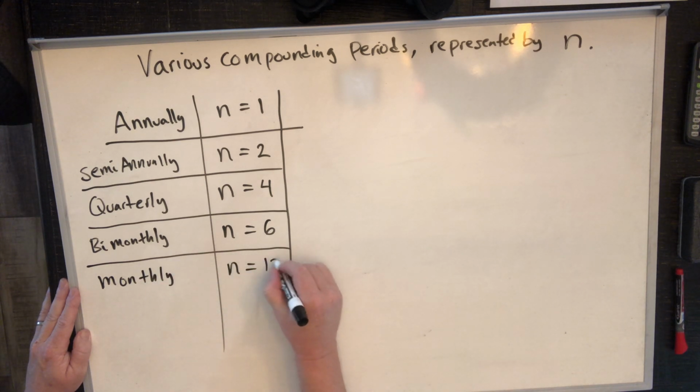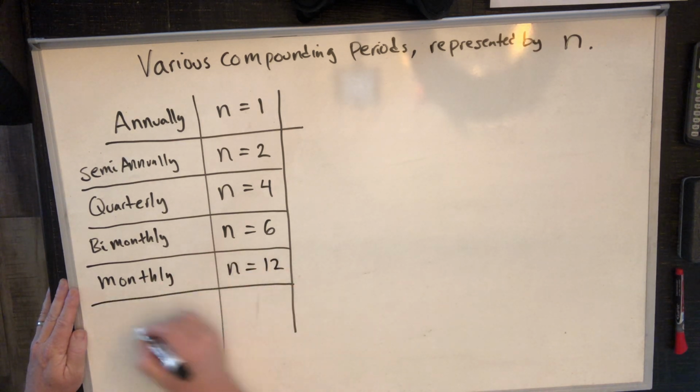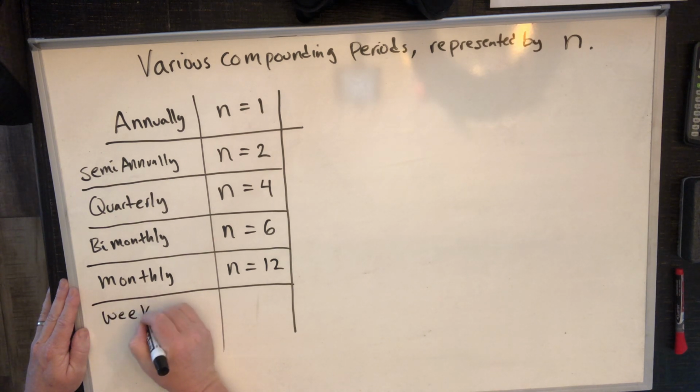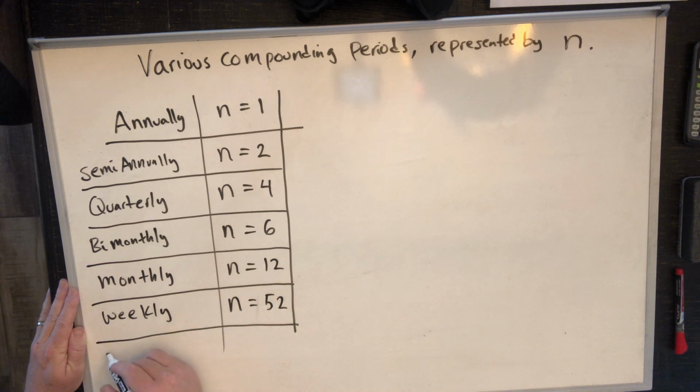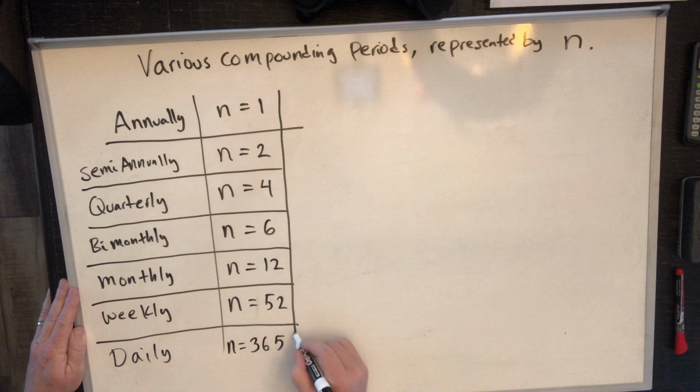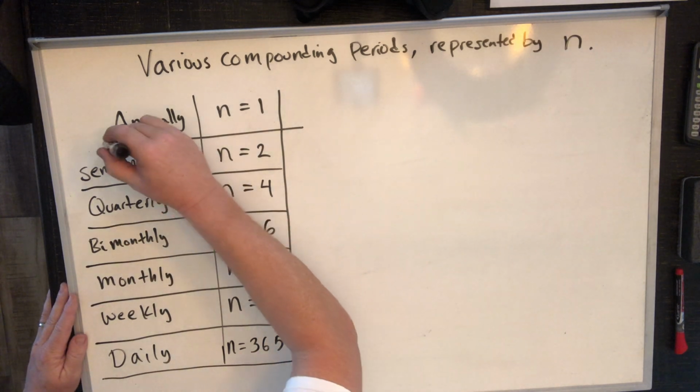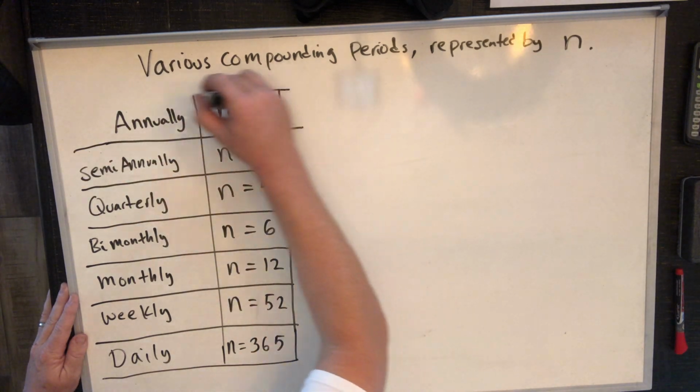N would be equal to 12. You could compound weekly. N would be 52. Or you could compound daily. N would be 365. We'll give you leap year for free. We don't charge an extra day for leap year.